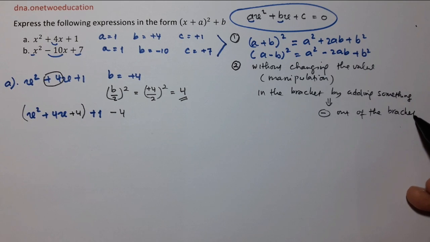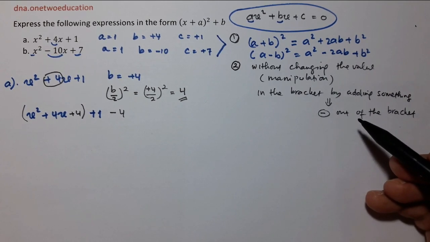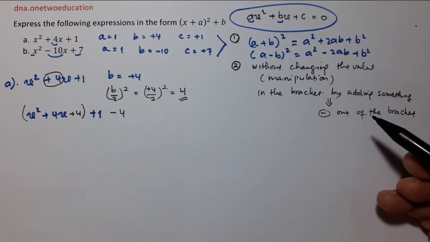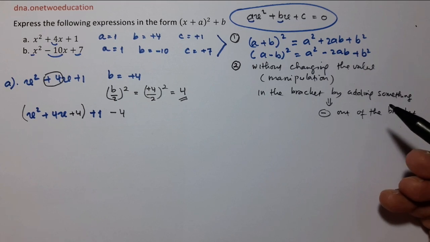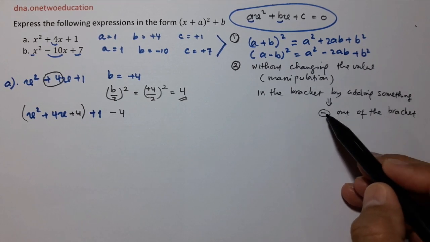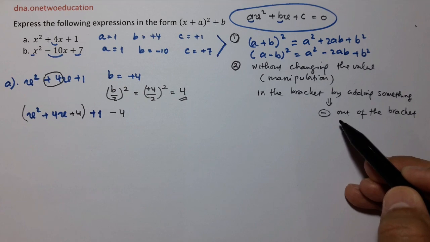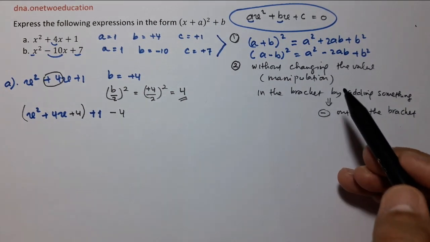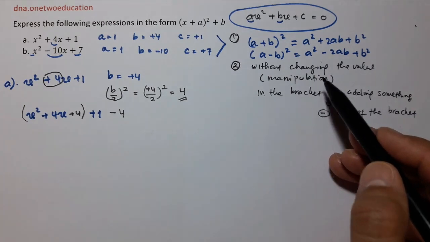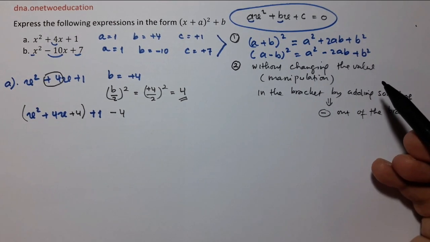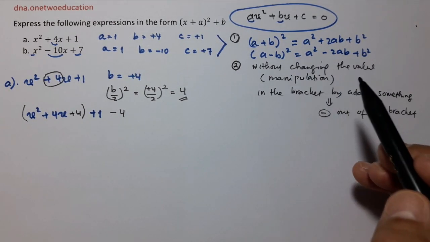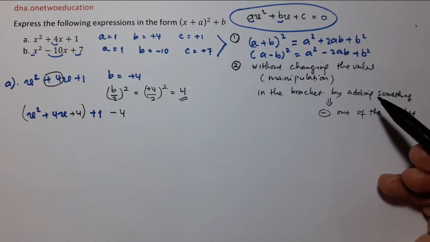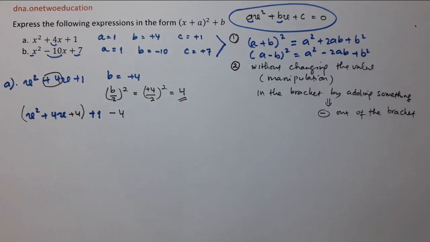When you put that subtraction out of the bracket, the value of the expression is constant, meaning no change in the value. Once again, without changing the value. Clear? Okay, go.